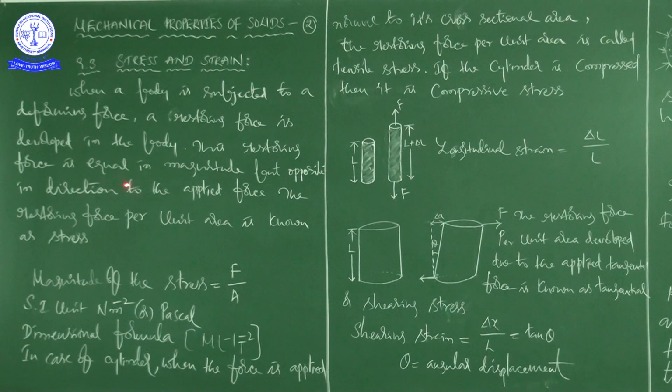This restoring force is equal in magnitude but opposite in direction to the applied force. So it's an important sentence, no? It talks about the magnitude of the restoring force and the deforming force. The restoring force is equal in magnitude but opposite in direction to the applied force.